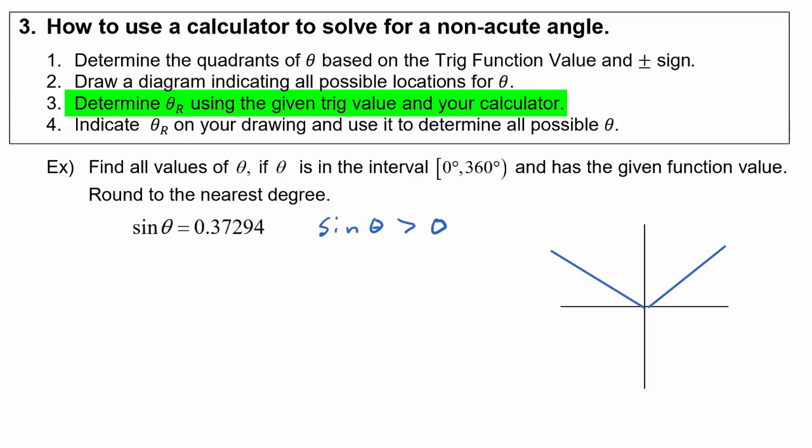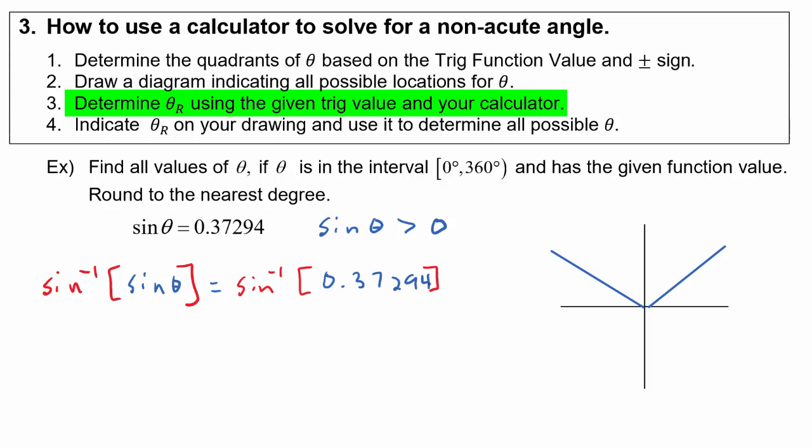Now the first thing we need to do to the equation is to take the sine inverse of both sides. So on the left-hand side, we're going to take the sine inverse of the sine of theta, and on the right-hand side, we're going to take the sine inverse of 0.37294.